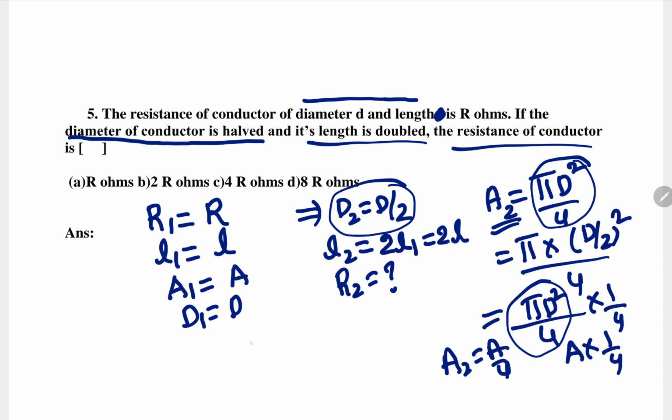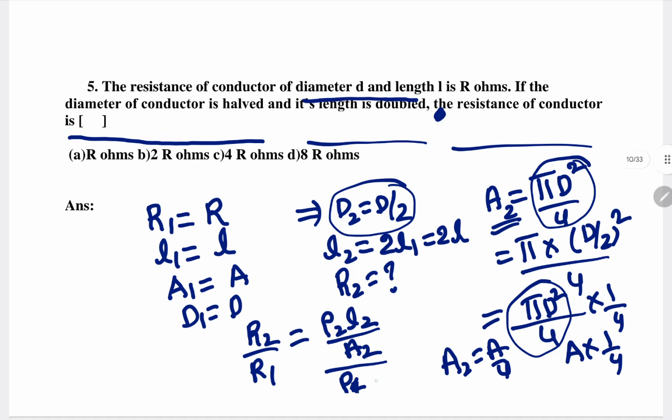Now we want the R2 value, so let us calculate R2 by R1. R2 means rho 2 L2 by A2, and R1 means rho 1 L1 by A1. Rho 2 and rho 1 are both rho, because the same material's dimensions are changed, the material is not changed.